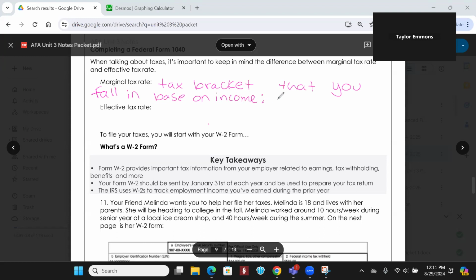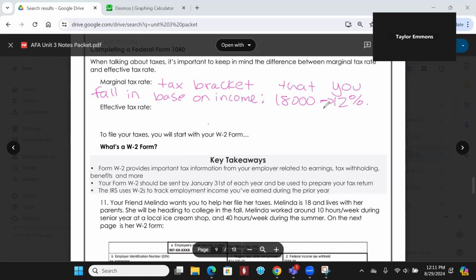An example would be if you had like 18,000 that you made, your marginal tax rate is 12%. Does that make sense?